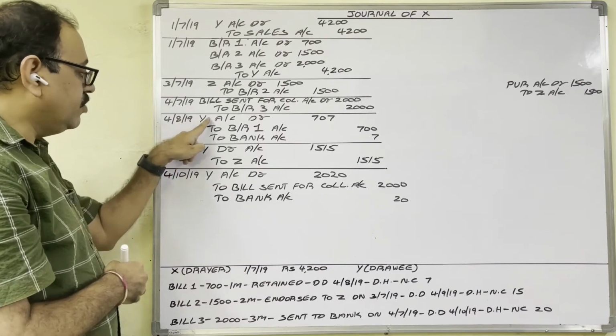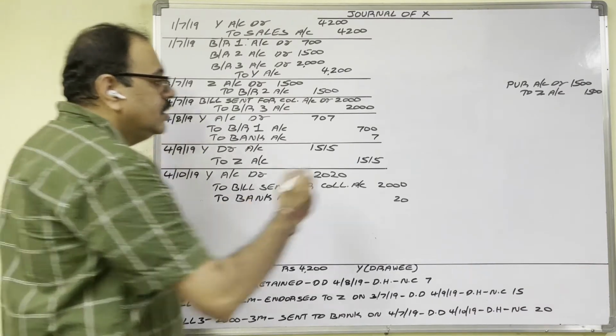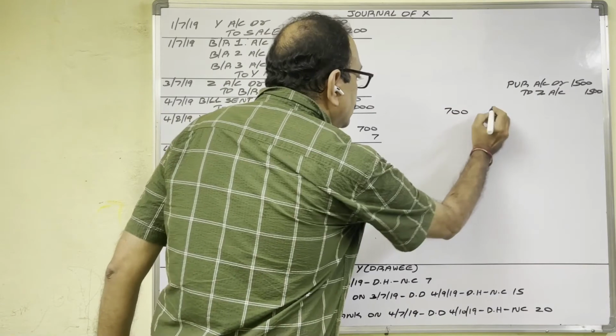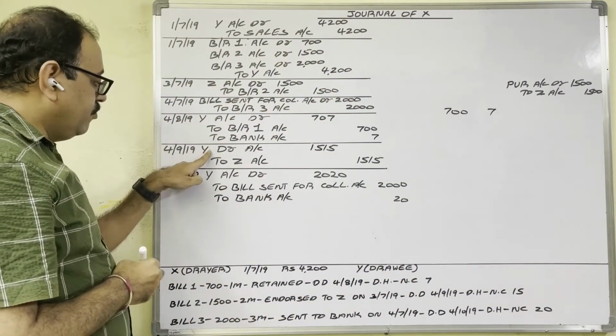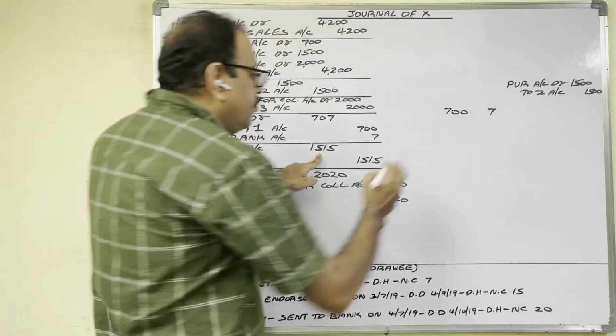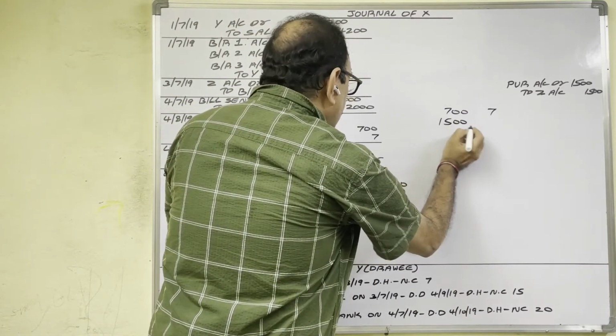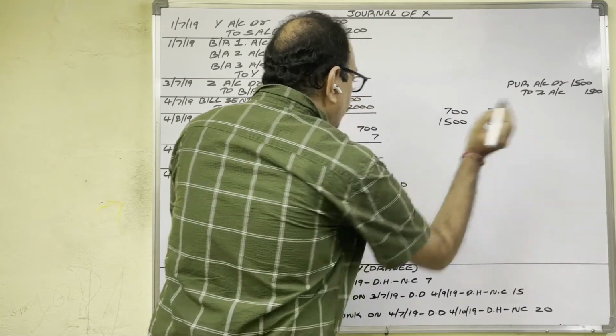In first entry, we debited Y account with 700 rupees plus noting charges 7 rupees. In second entry, we debited Y account with 1500 bill amount plus noting charges 15 rupees.